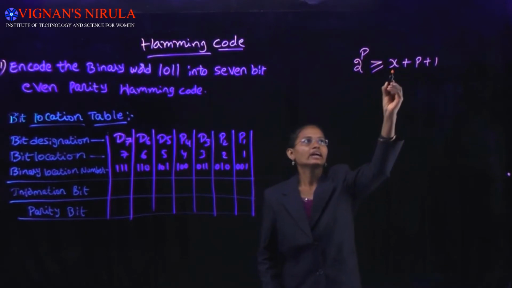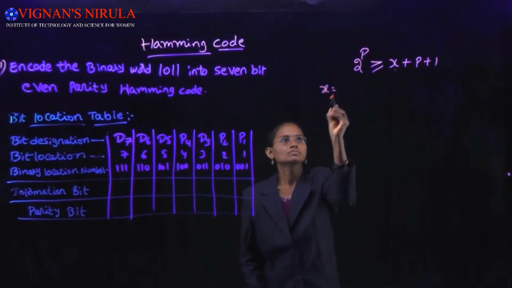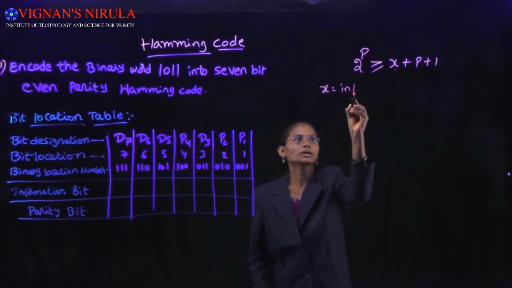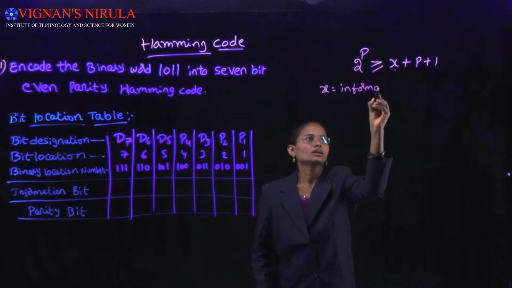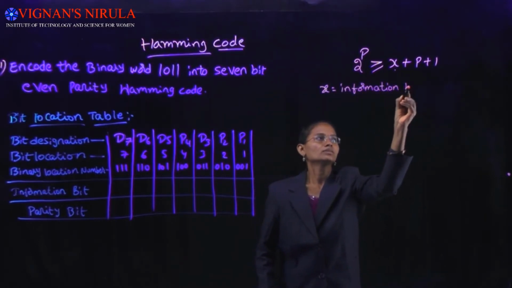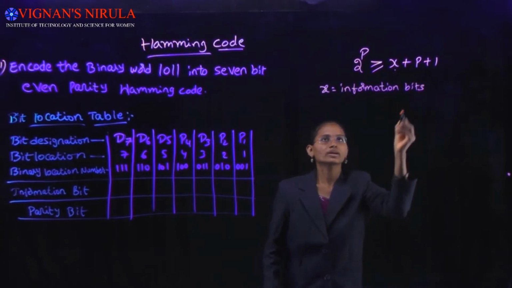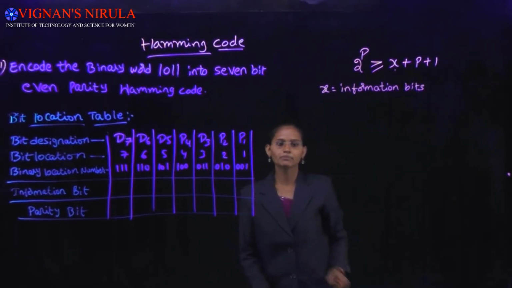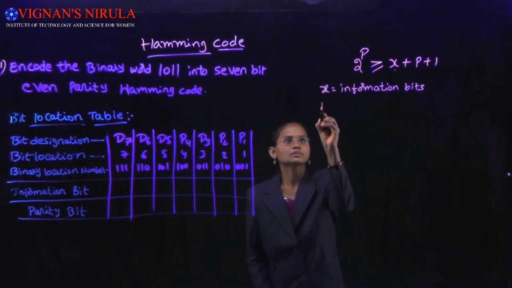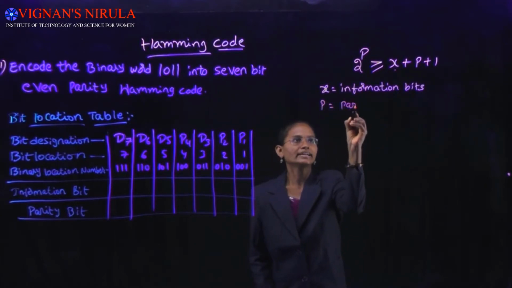Here x is the information bits, which are given in the problem. And p is the parity bits.